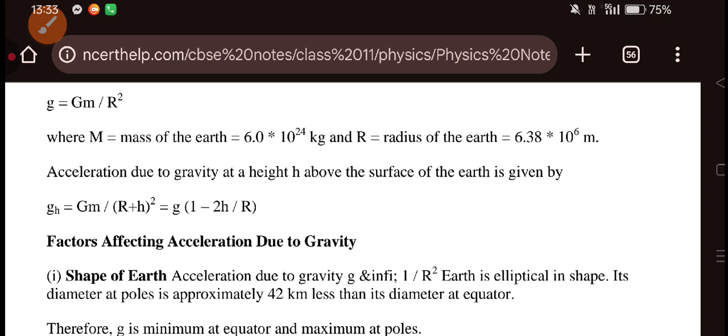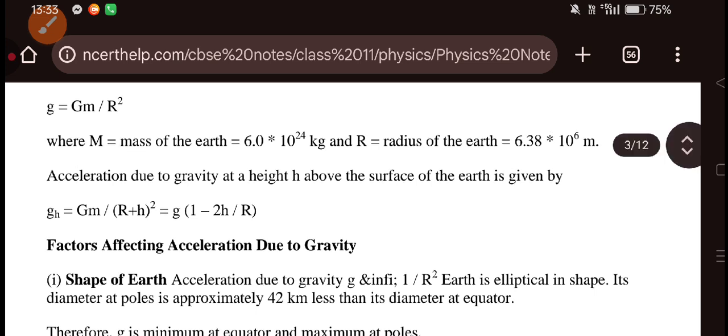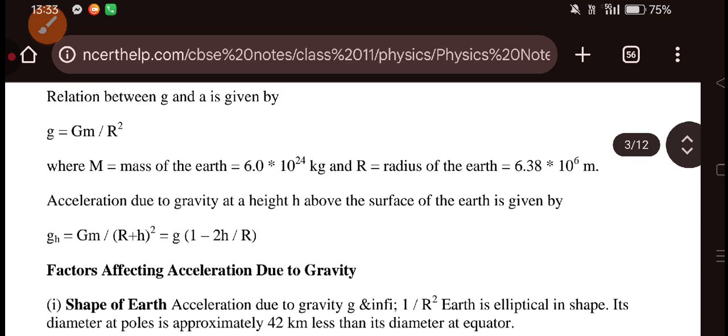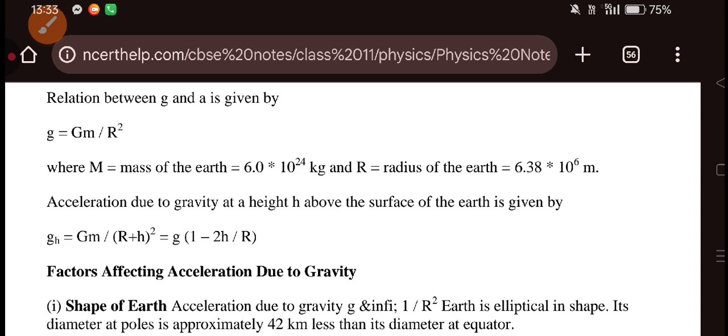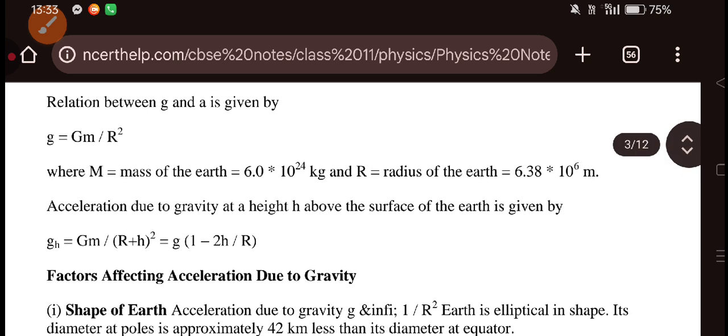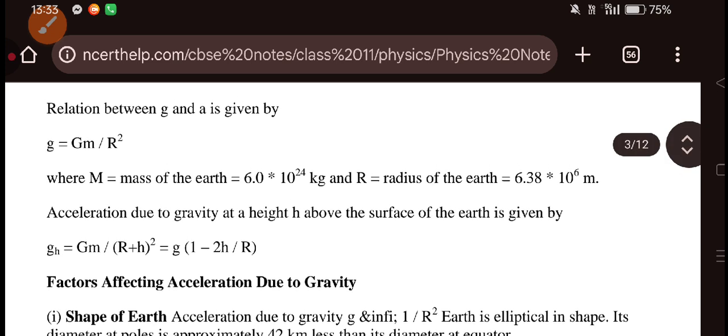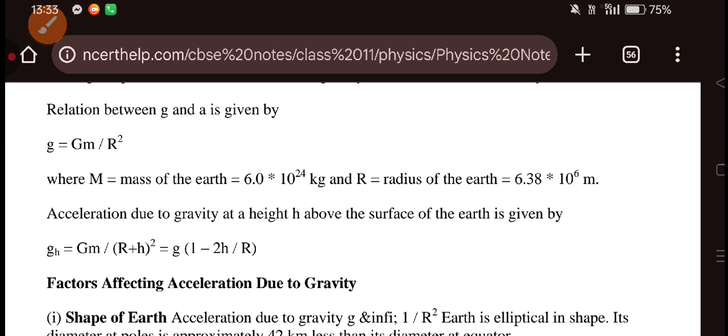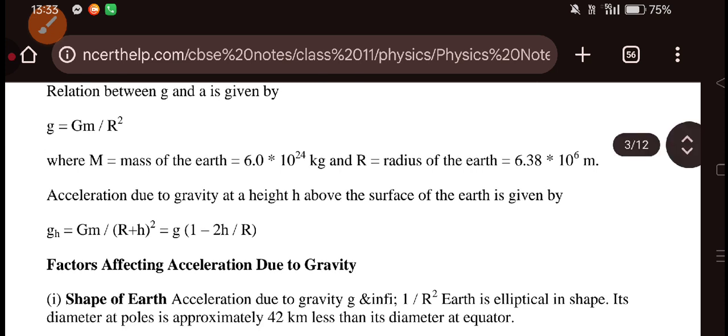When you put the value of the mass of the earth and the radius of the earth, you will get g as 9.8 meter per second squared. G is the universal gravitational constant.